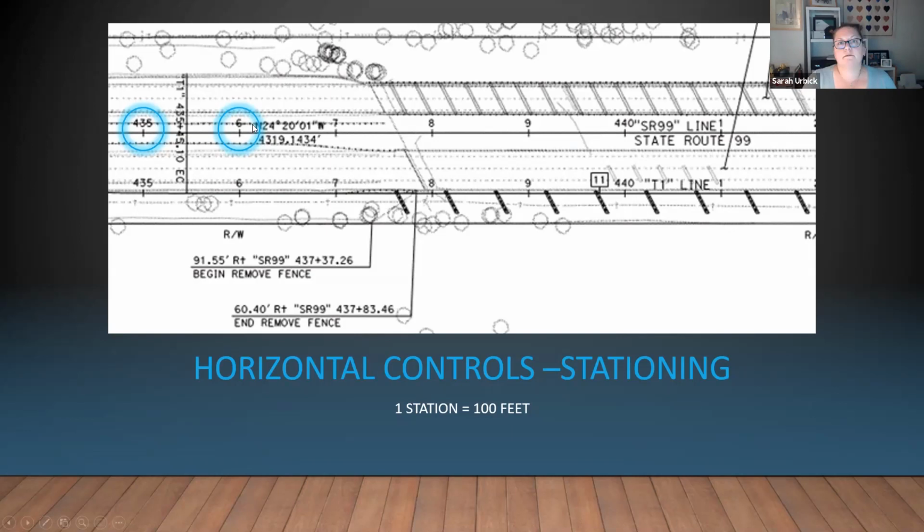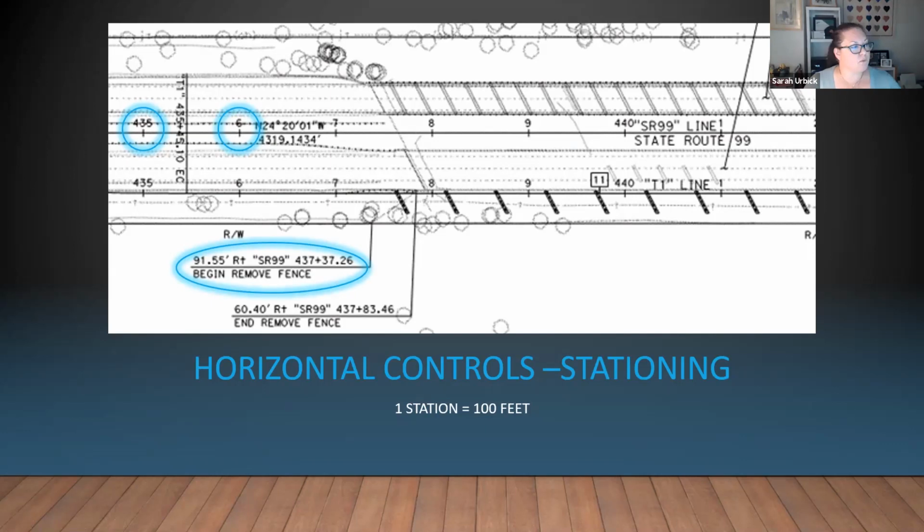But you can always take a plan set that has been stationed and you know that the distance between this 8 and this 9 is 100 feet. I can find that scale every time. So what we look at when we're dealing with stationing, it tells us a lot about what we're doing and where we're doing it, okay?